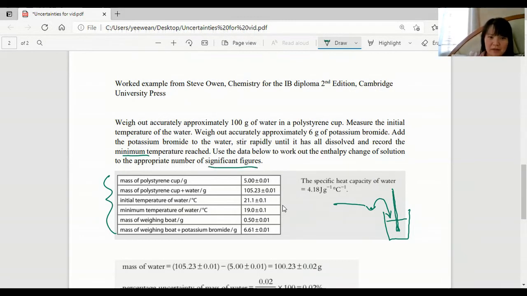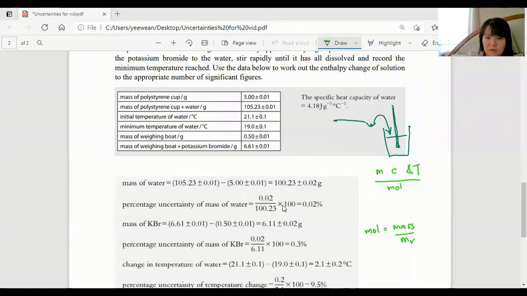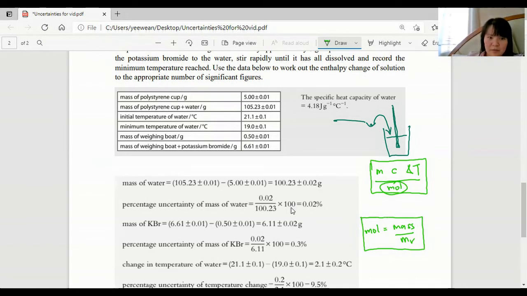Let's try that. So we're going to use this formula. And the mole here is mass of KBr over its MR. Okay, so the first thing, we're going to calculate the mass of water. So we take the mass of the polystyrene cup plus the water, subtract the polystyrene cup.